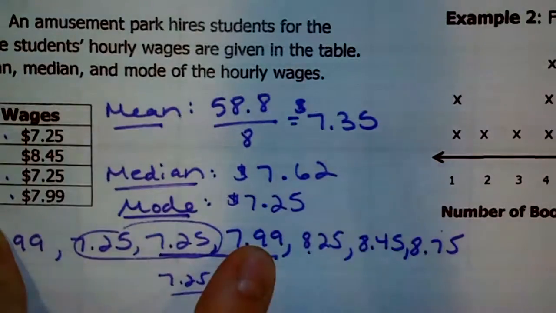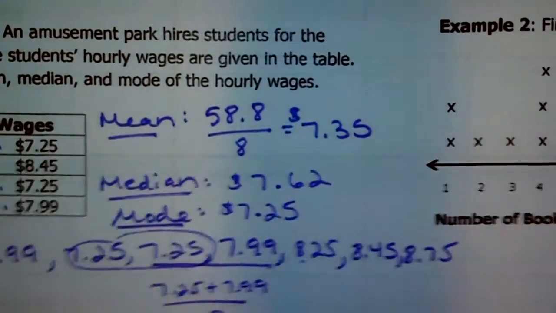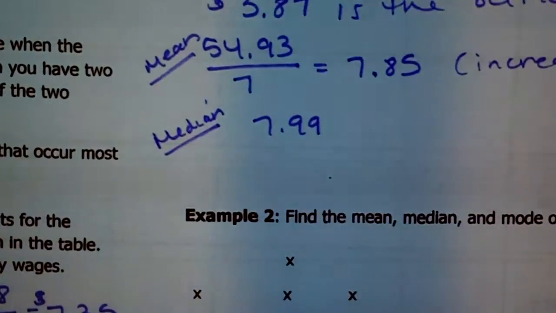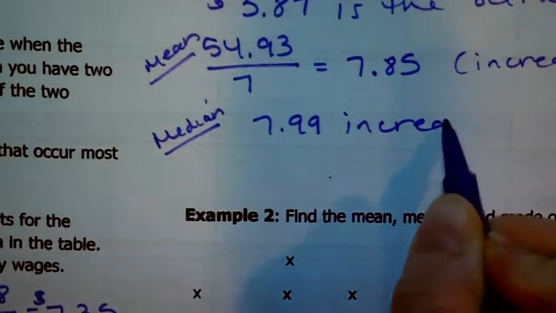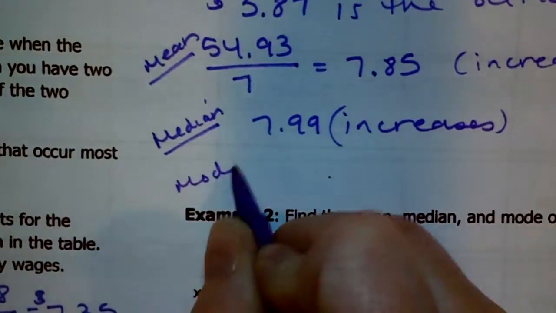And now I'm left with $7.99 in the middle. So the median, our new median, would be $7.99. Our old median was $7.62. So this also increases.